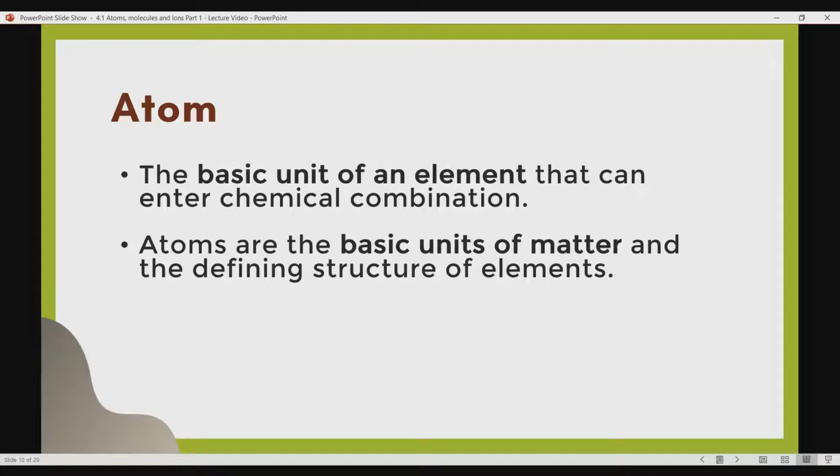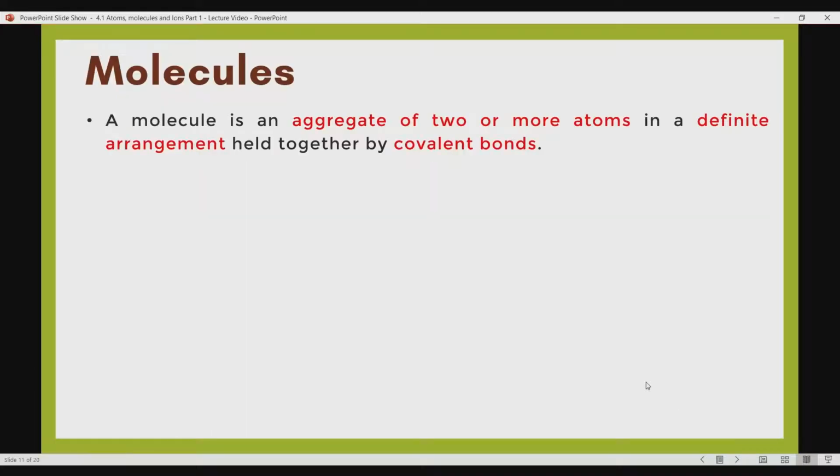Okay, now, again, as mentioned, atom is simply the basic unit of an element that can enter chemical combinations. Atoms, as in chemistry, is the basic unit for matter and the defining structure for elements. Now, what about molecules? Now, molecules is very different from an atom.